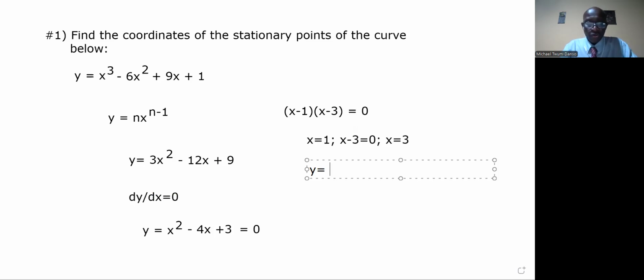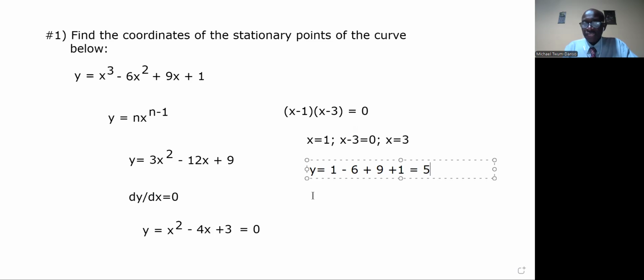So 1 cubed will give us 1, minus 6 times 1 squared is going to give us 6, plus 9 times 1 gives us 9, plus 1. And when you do the arithmetic here, 1 minus 6 plus 9 plus 1, 1 minus 6 is negative 5, plus 9 is 4, plus 1 is 5.